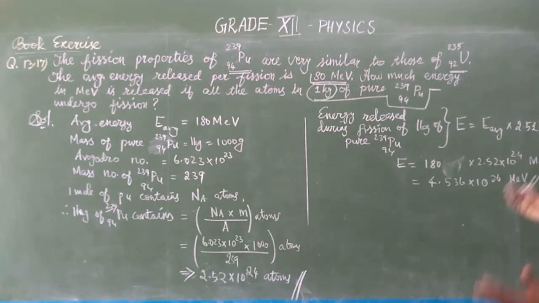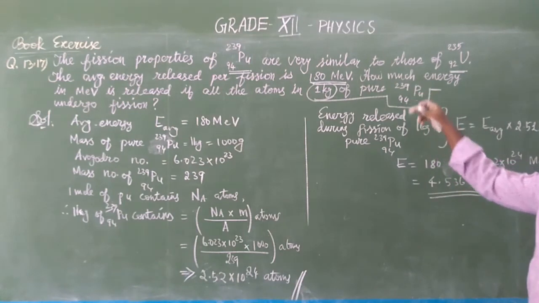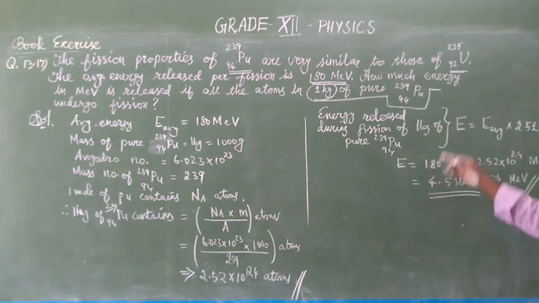After multiplying, the final value is 4.536 into 10 to the power 26 mega electron volt of energy released if 1 kilogram of pure plutonium undergoes fission like uranium.